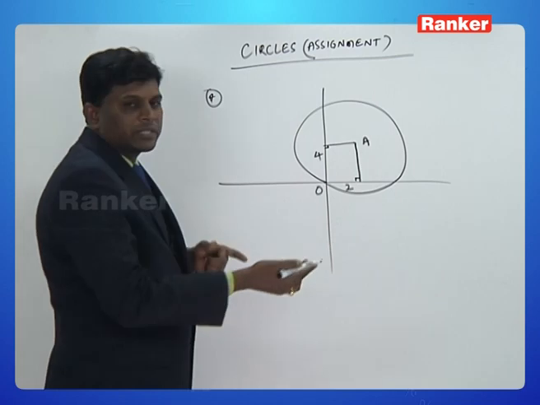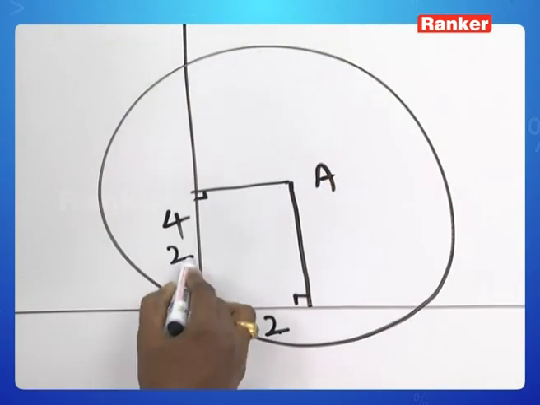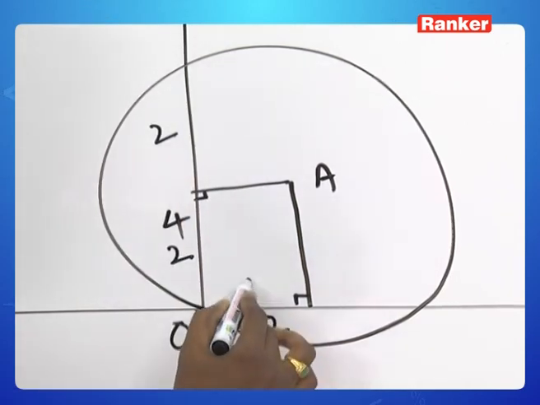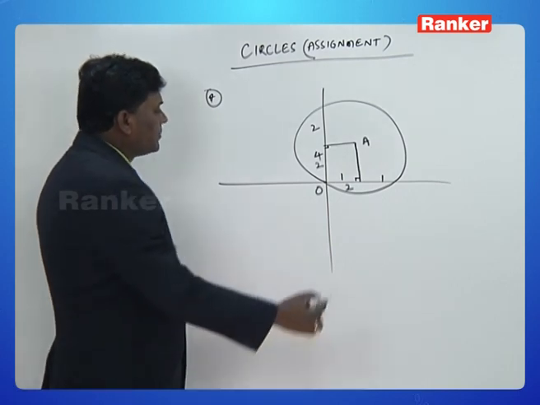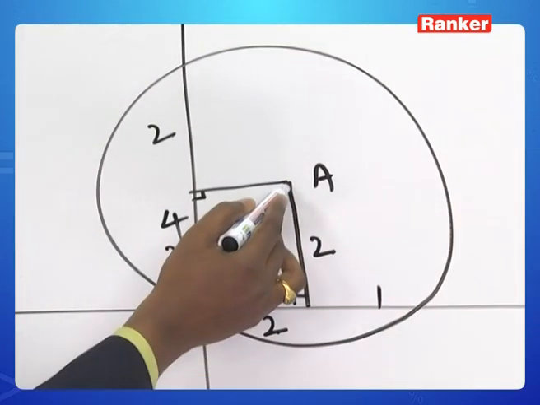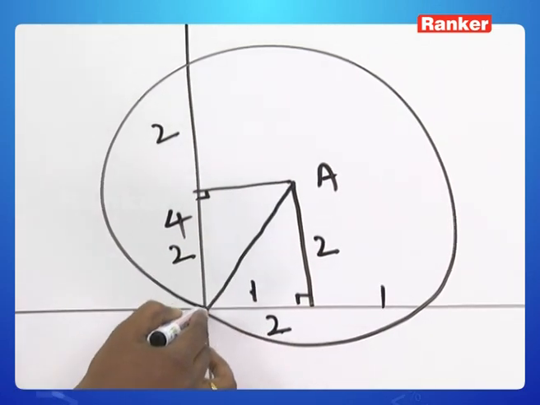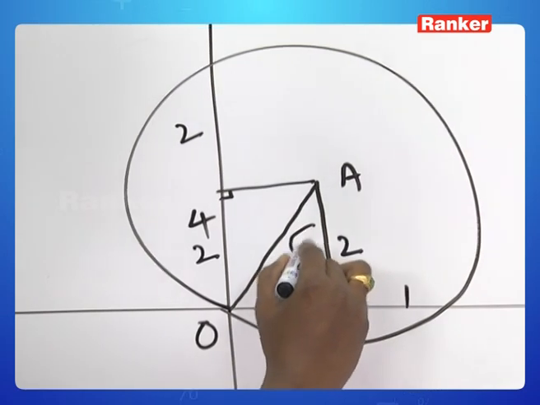Obviously it will bisect both the chords. That is why we get this part 2, this part 2, this part 1, this part 1. So if this length is 1 unit and this length is 2 units, by using Pythagoras theorem, we can show very comfortably that this length will be root 5.